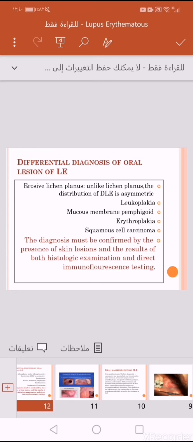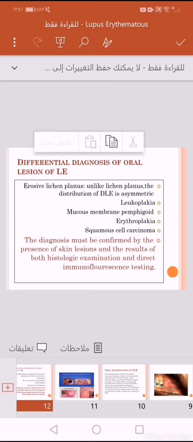But the thing that can make us exclude lichen planus is that lichen planus is symmetrical in type, but oral lesions of LE are mostly asymmetric. Mucous membrane pemphigoid and leukoplakia also.